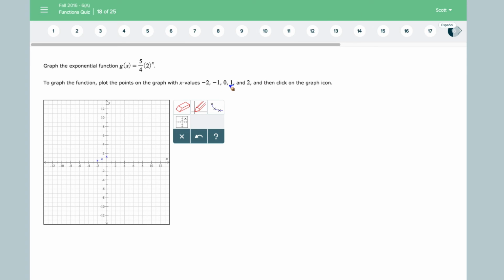Now we're on to 1. So we're going to plug a 1 in right there. So we have 5 over 4 times 2 to the 1 power. Anything to the 1 power stays itself. So 5 over 4 times 2, and I'm just going to put it over 1, so it's easy to multiply, and you can just multiply straight across.